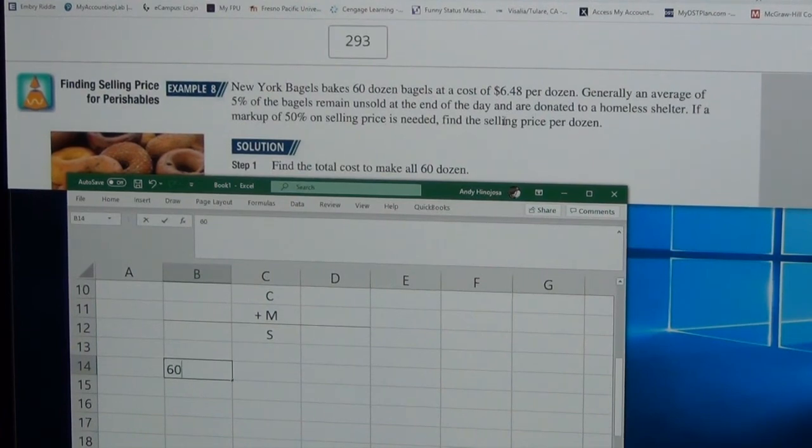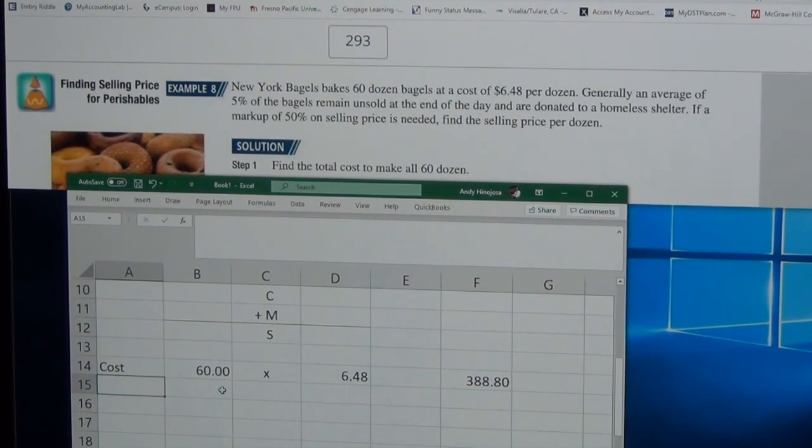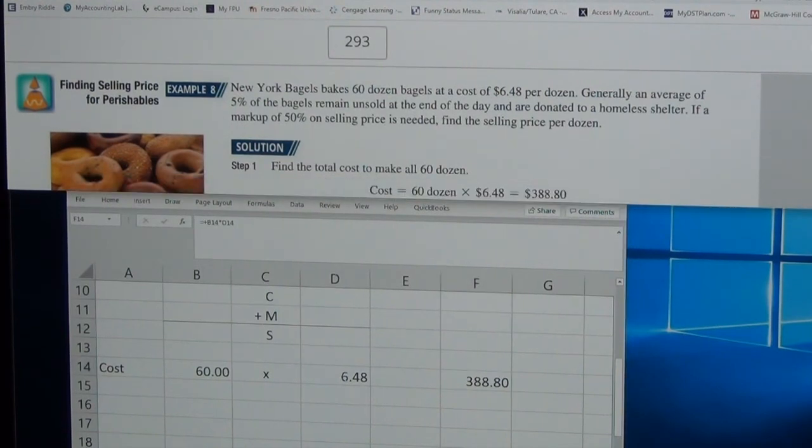So we'll take the 60 dozen and multiply that by $6.48. What does that equal? 60 times $6.48. That means our total cost is $388.80.